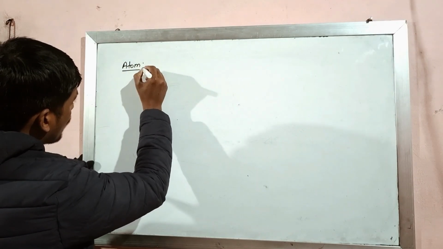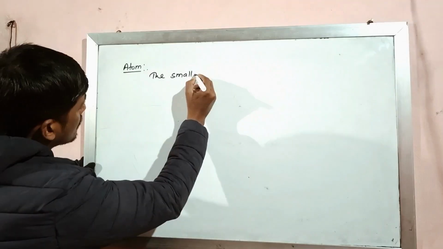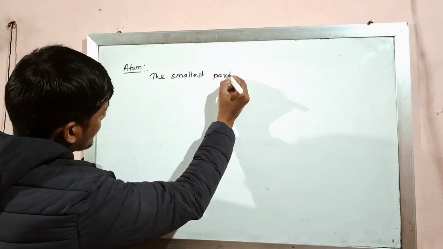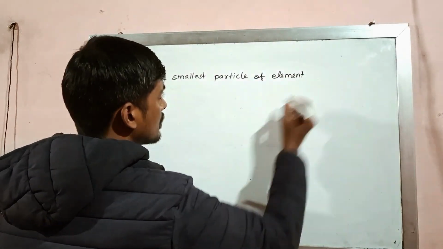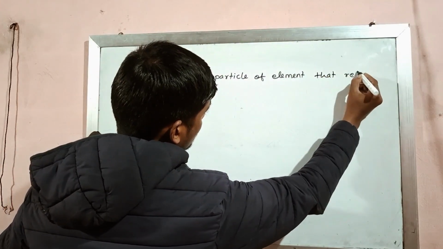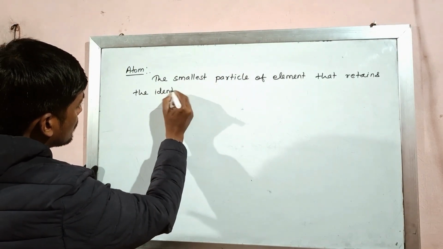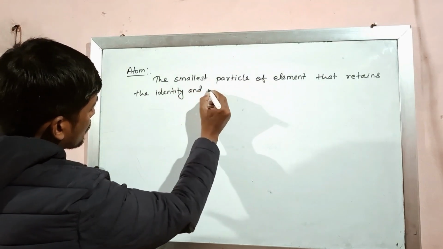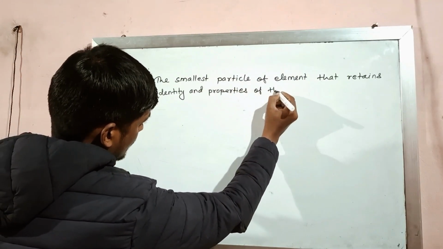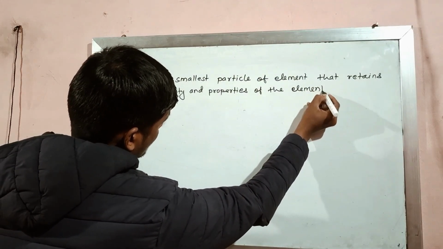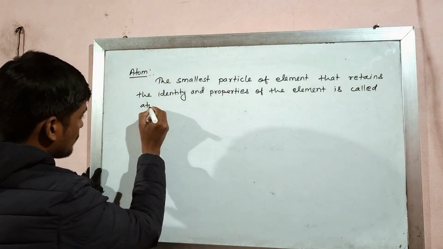What is atom? How can we define atom? So the atom means the smallest particle of element that retains the identity and properties of the element is called atom.